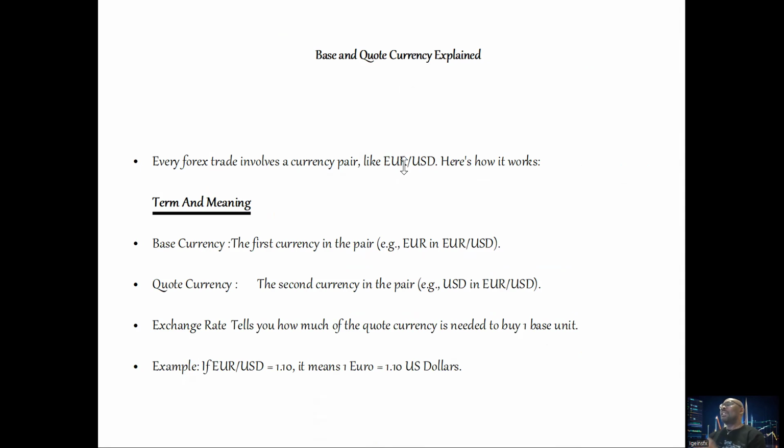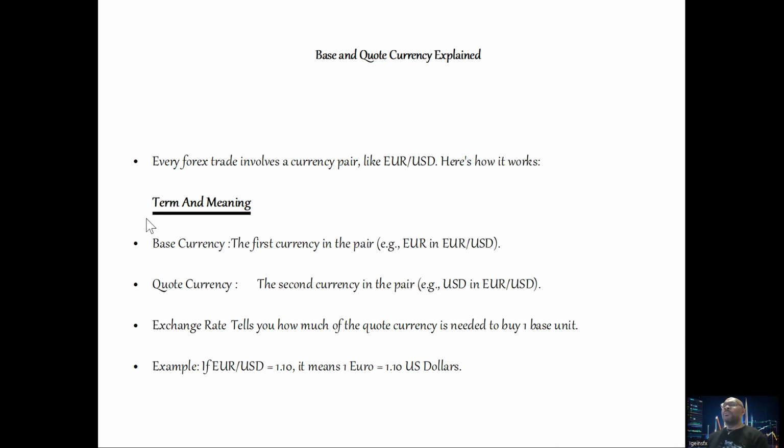Euro USD is a currency pair. Just like, for example, you have your dollar and you want to exchange it for naira. At that point, your dollar and naira are the currency pair. Or you want to exchange your pounds to naira, at that point your pound and naira is a currency pair. All right? I hope it's very clear.